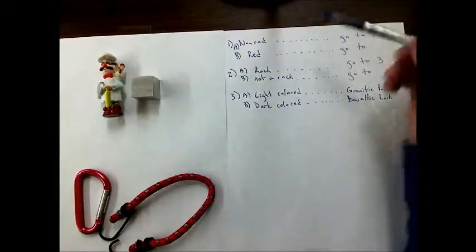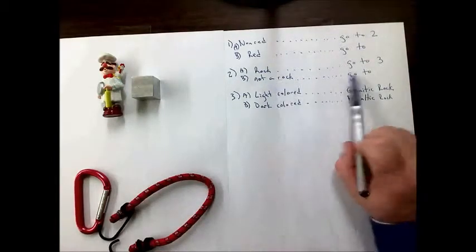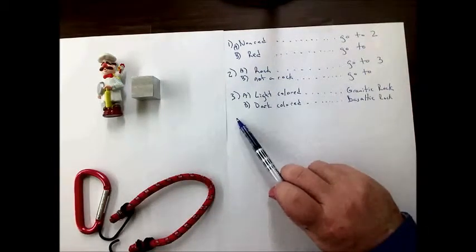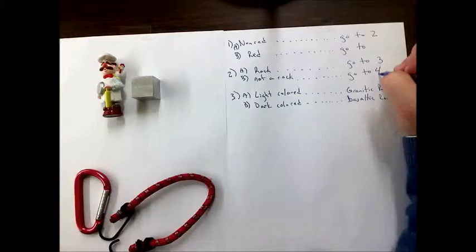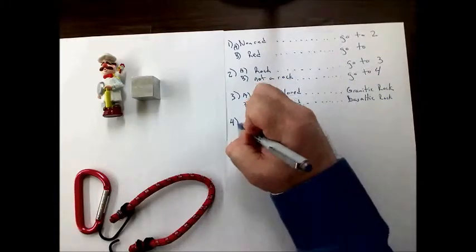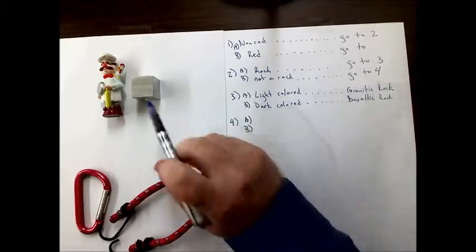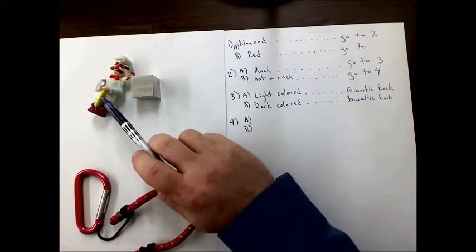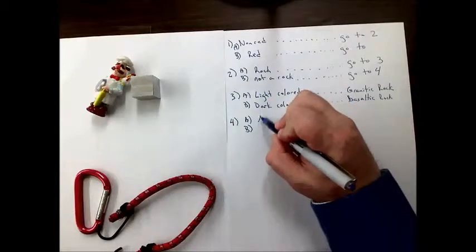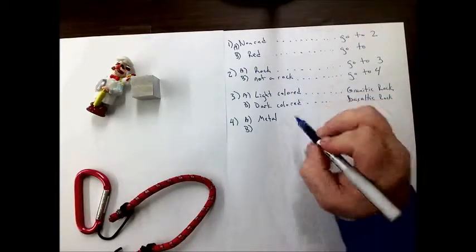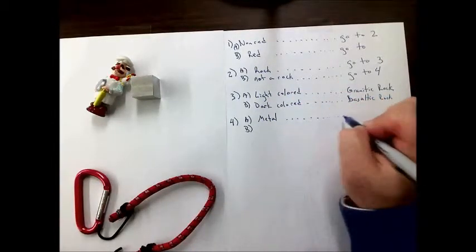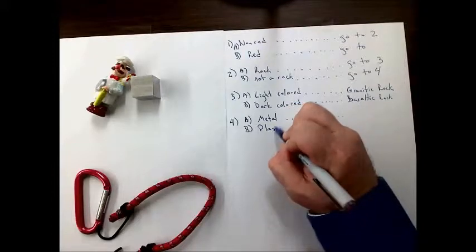Let's look at our 2 non-rocks. We now know what step to go on, step 4, so I will write in step 4 and create step 4. For step 4, we have 2 objects. One is a metal, one is not a metal. So we will call it metal and non-metal.